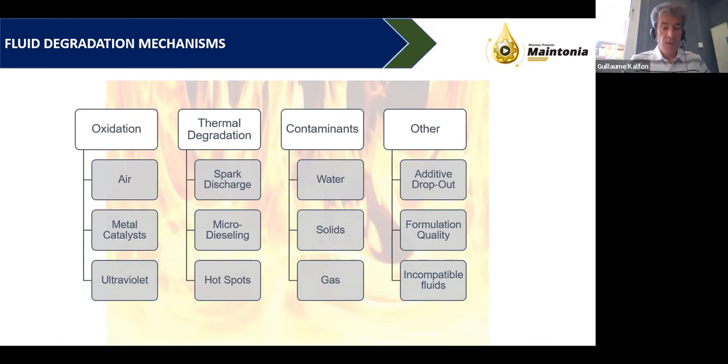Also, we have contaminants. Some contaminants are very common, like moisture. Moisture is not a very big problem in gas turbines where the oil is hot enough that the water will be evaporating, but in steam turbines, moisture can be a big problem. We can have solids, we can have dirt from the environment or dust, depending also on the housekeeping and cleanliness of the surroundings of the machine in the plant.